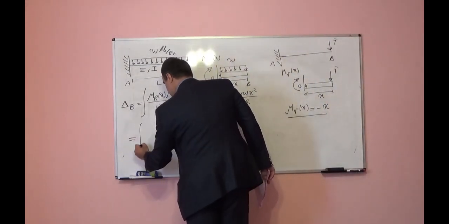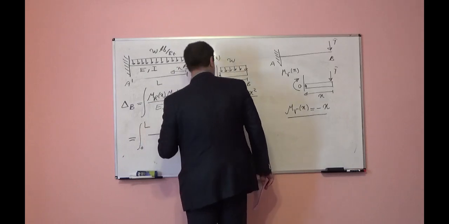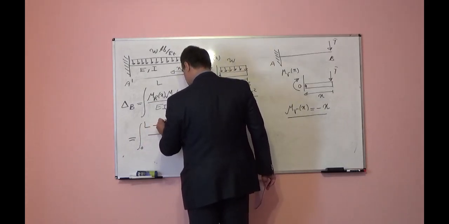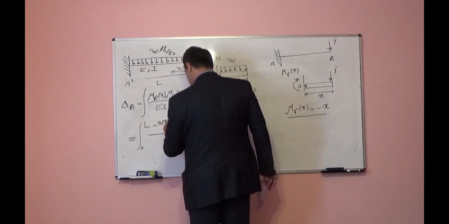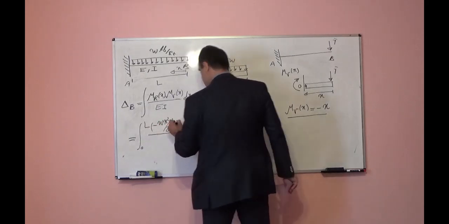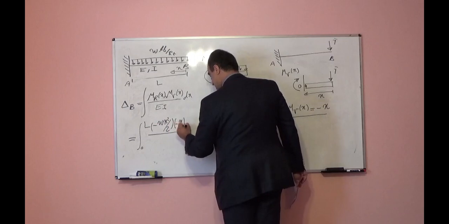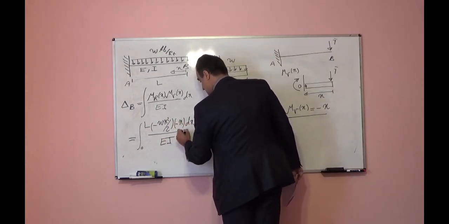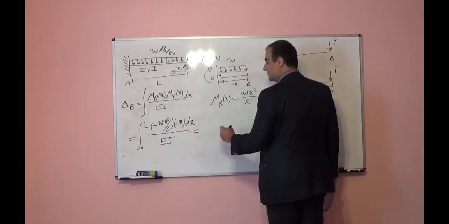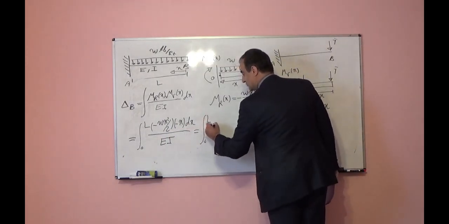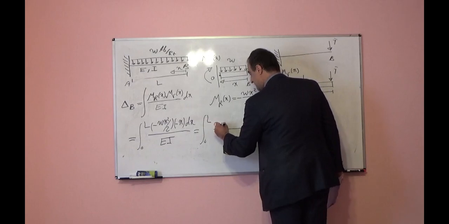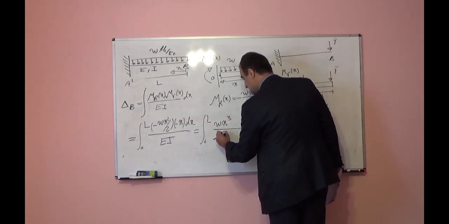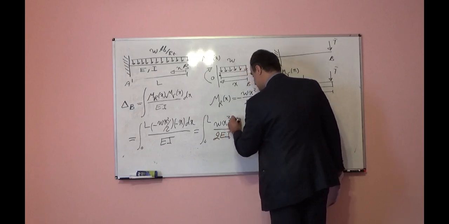It will be the integral from 0 to L of minus w x squared over 2 times negative x, dx over EI. That will be equal to the integral from 0 to L of w x cubed over 2EI dx.